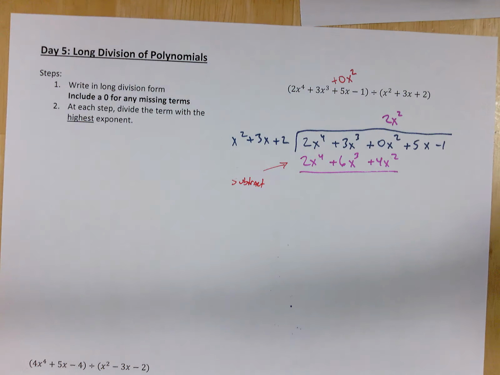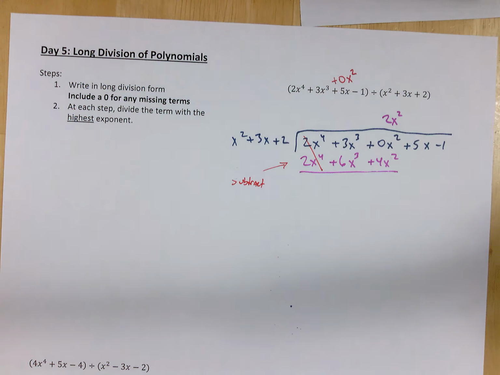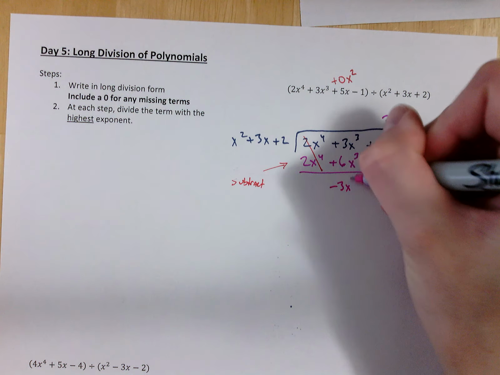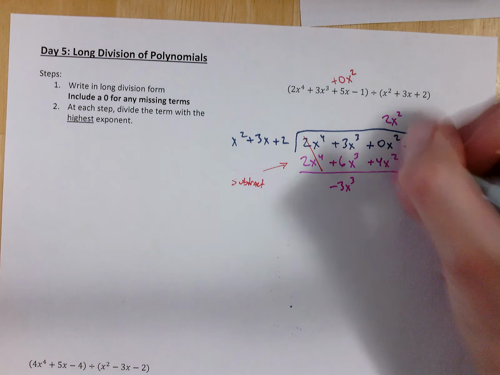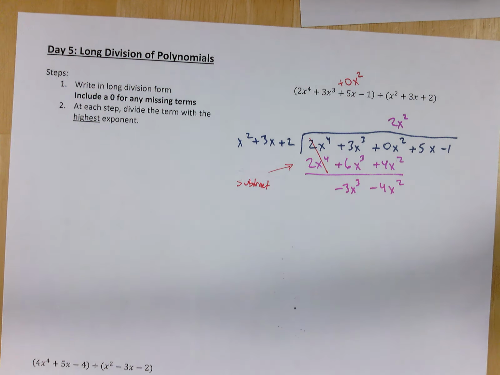The most common thing that happens is people say, oh, 2x to the fourth minus 2x to the fourth cancels out, which is what we want to happen, and then they say, oh, 3x cubed, and then they add 6x cubed. That's not what we're doing. We're subtracting. 3 minus 6 is negative 3x cubed. And then 0 minus 4 is negative 4x squared. You just got to be really careful that you keep subtracting, because like I said, that's the most common mistake.